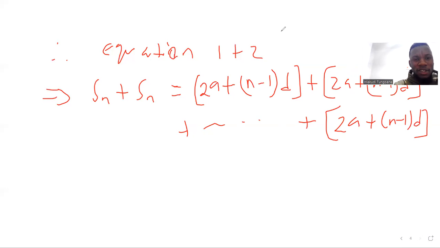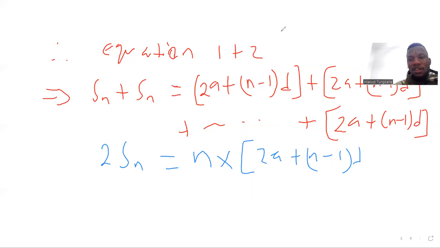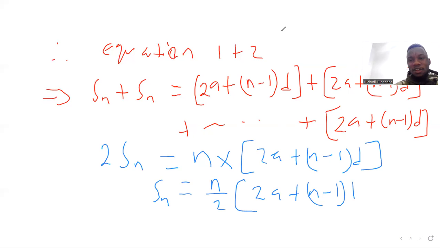So on the left hand side, Sn plus Sn gives us 2 Sn equals n, which is the number of times these terms repeat, times 2a plus n minus 1 d. Then we divide by 2, so Sn equals n over 2 times 2a plus n minus 1 d. Look at that. So we have proven our formula.